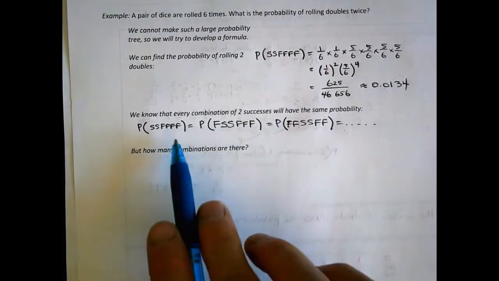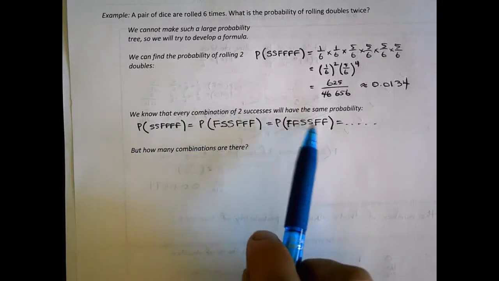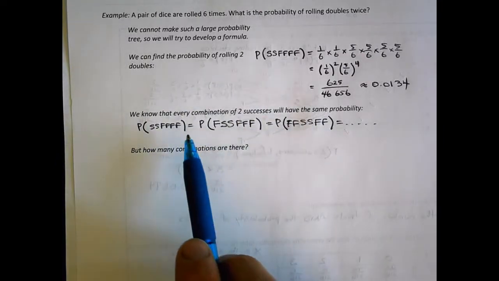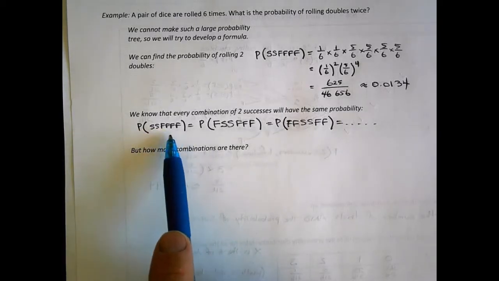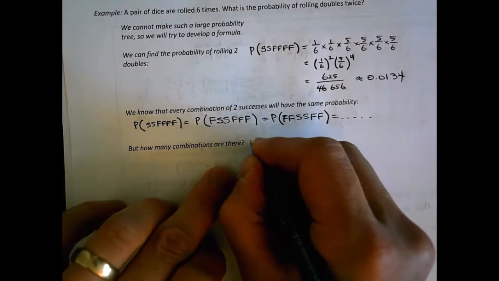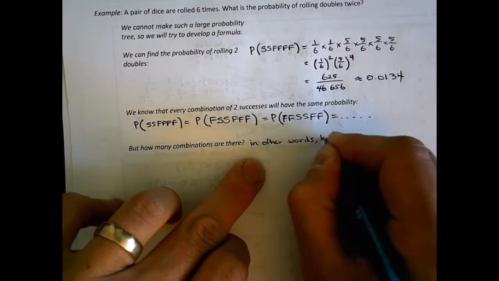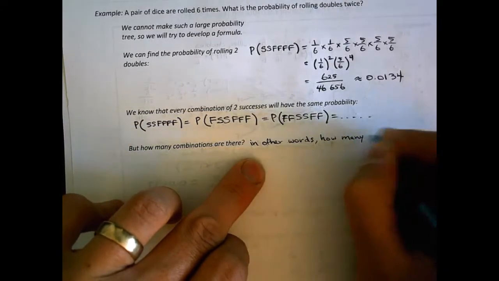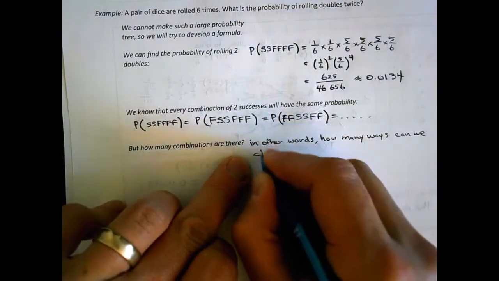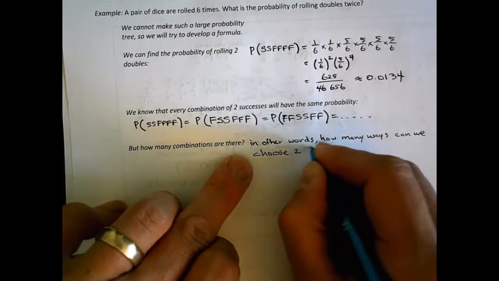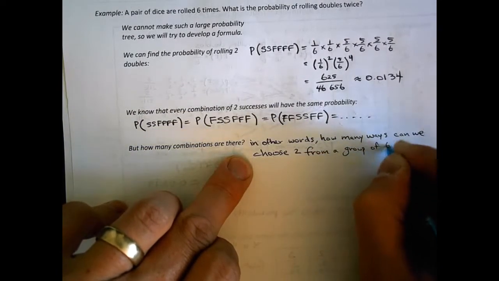So is there any way we can know how many different branches there are? In other words, is there a way we can find out how many different combinations there are of 2 successes in a group of 6? How many ways can we choose 2 from a group of 6?